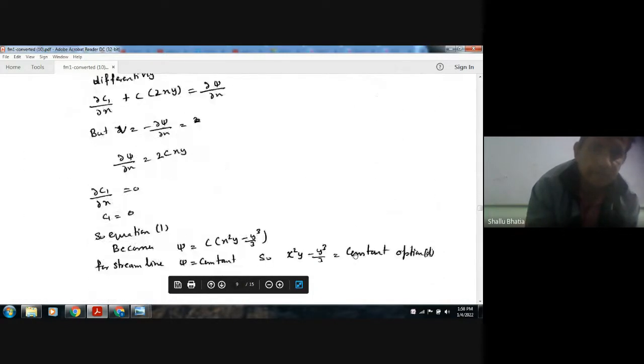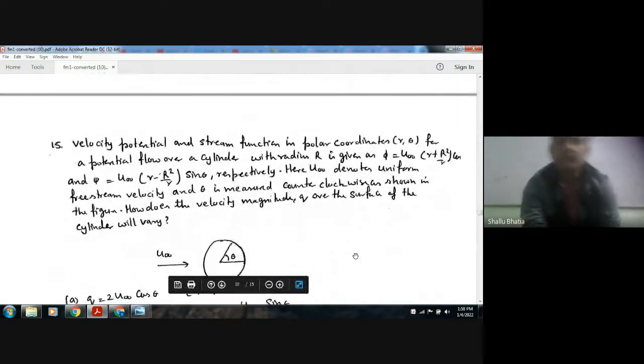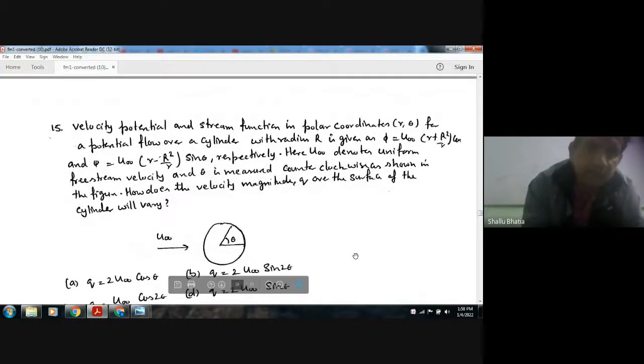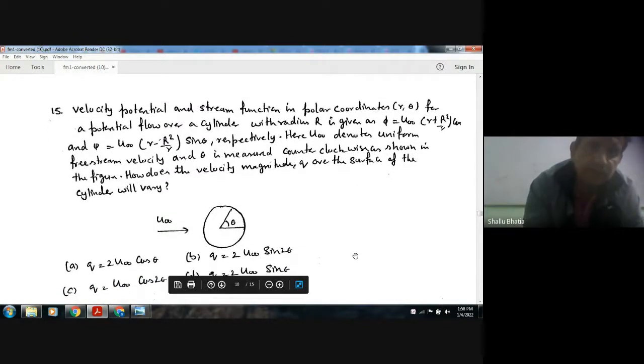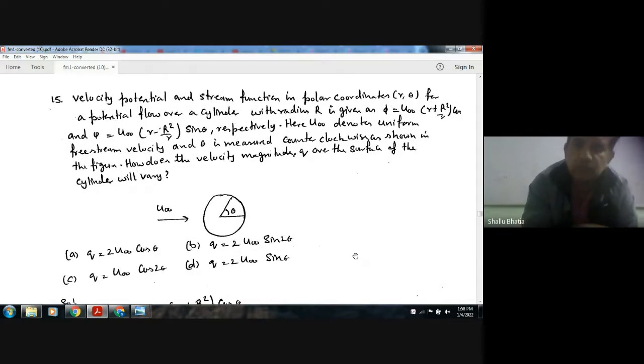Next, the velocity potential and stream function in polar coordinates r, θ for potential flow over a cylinder with radius R are given as φ = U∞(r + R²/r) cos θ and ψ = U∞(r − R²/r) sin θ respectively.